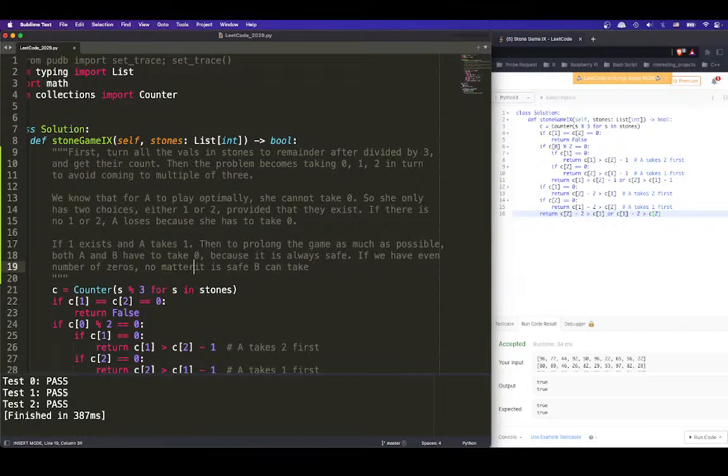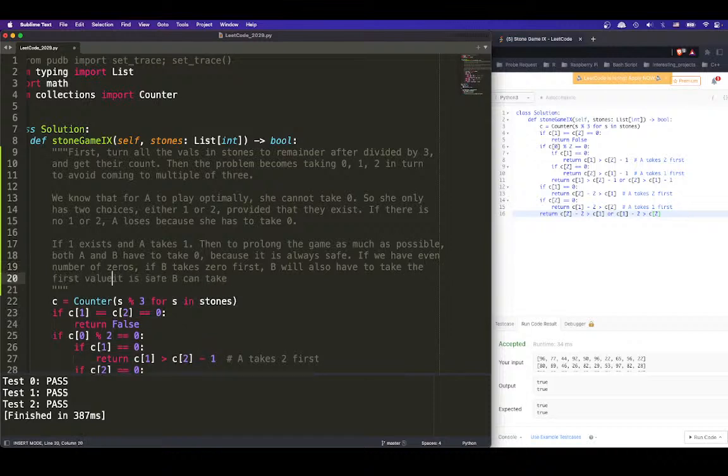No matter who, if B takes 0 first, B will also have to take the first value after all zeros are exhausted.